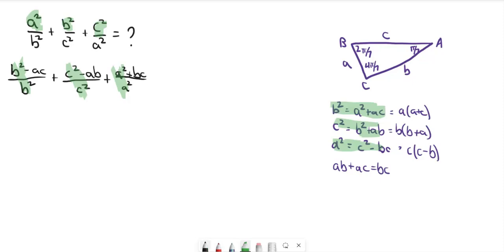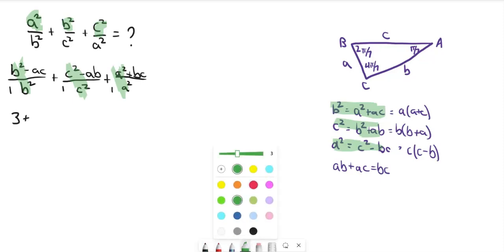In order to save some space, we will know that each of these is equal to 1, and 1 plus 1 plus 1 is 3, so we're going to write that. Then, also to save some space, let me change this color over to this magenta here. I'm going to rewrite each of these parts as separate fractions, and you'll see why in a moment.